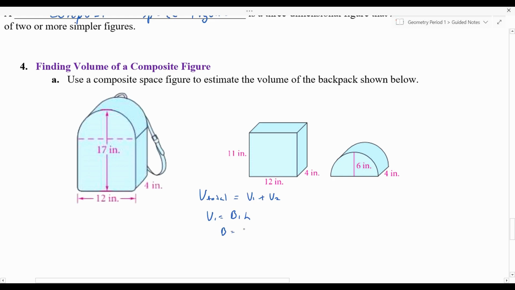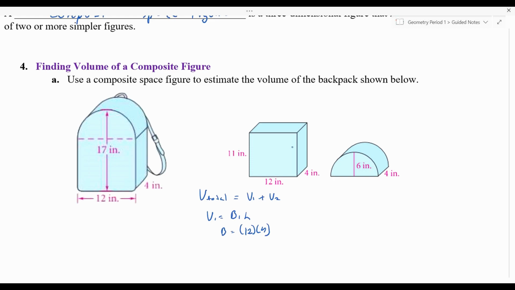All right? So we have B1, my base here is 12 times 4, as the original was. And the remaining height here happens to be 11.